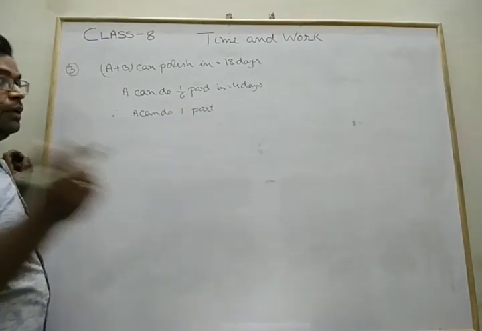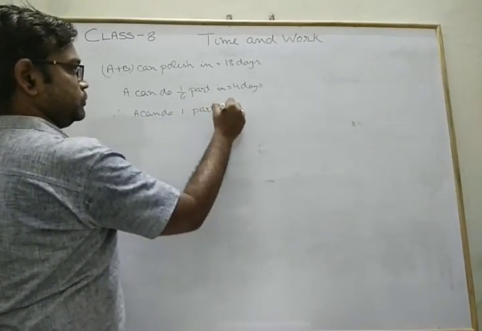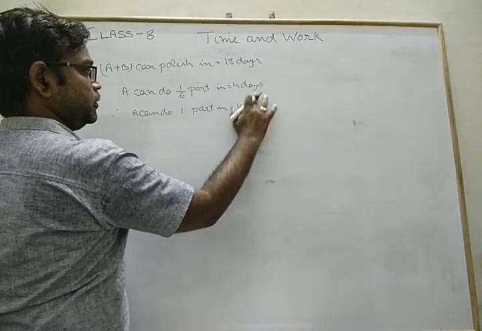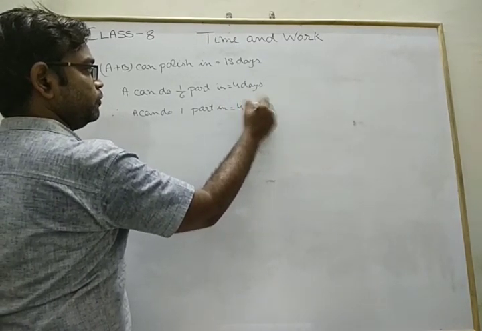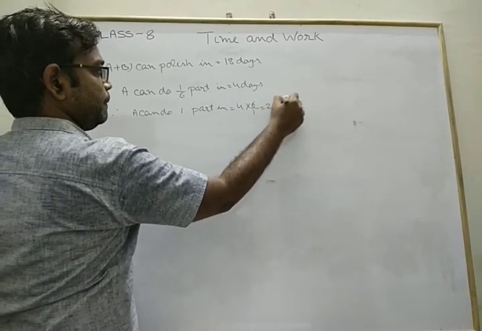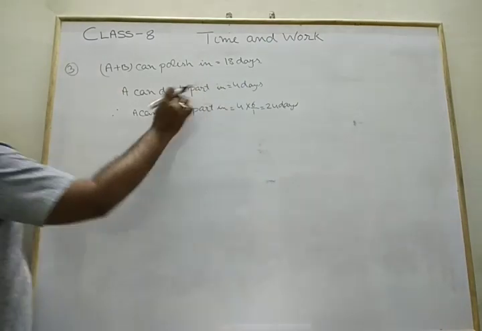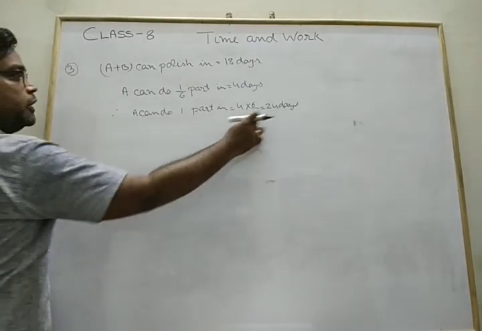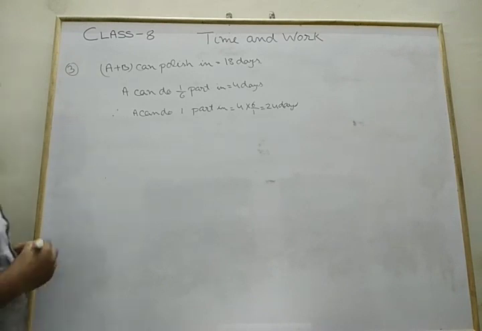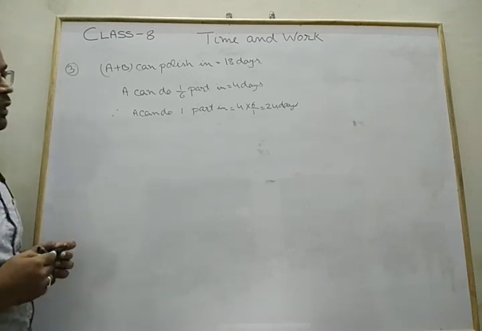One part means complete work. So 4 divided by 1/6, that is 4 into 6, which is 24 days. So A can complete the work in 24 days.